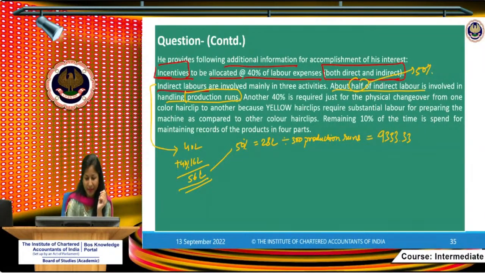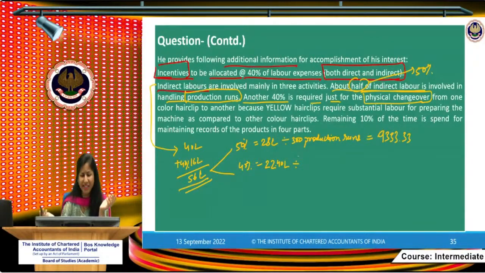Next, another 40% is required just for the physical changeover. Let's find out the 40%. 22 lakh 40,000 divided by... Now, what is physical changeover?